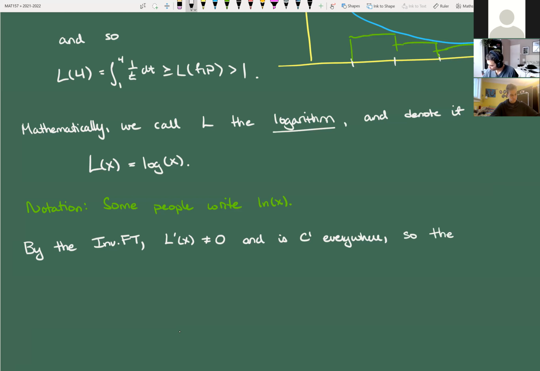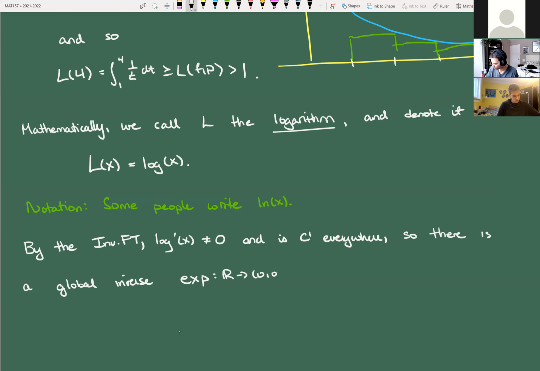So there is an inverse function. I guess I should say log now. Log prime feels weird to write. So there is a global inverse, maybe I should say, which we call exp.